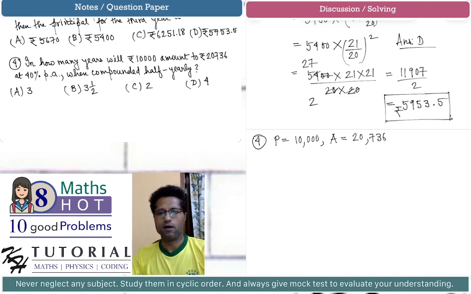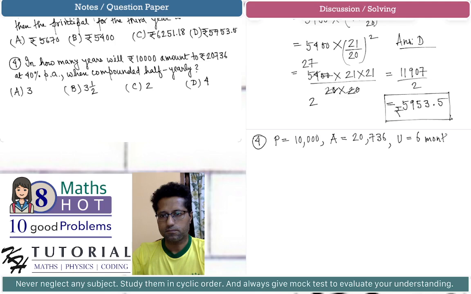When compounded half yearly. Okay, so it is given the interest is compounded half yearly. So U, that is the unit of time, or the conversion period, is 6 months. And the rate percent per annum is 40.